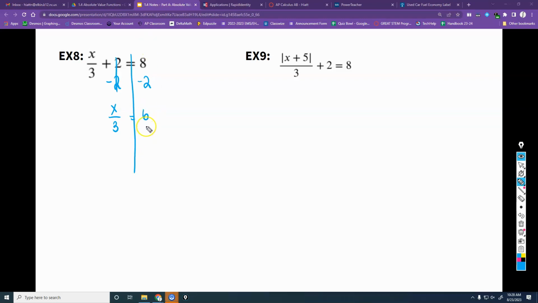Right here we're going to get 6. But then, like Alvin told us to do, we multiply both sides by 3. Because what's happening there is I've got a 3 on top and bottom and it cancels, right? Multiplying by 3 and dividing by 3 undo each other. So that just leaves my x over here, and like Carlos said, I get 18. So that would be my answer for that problem.